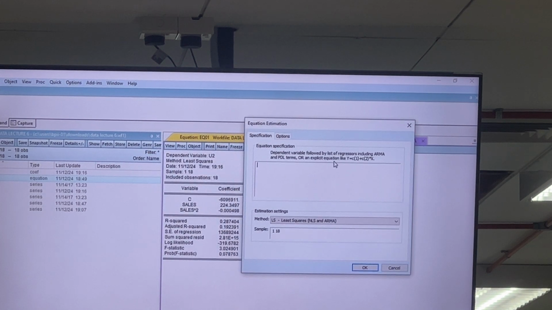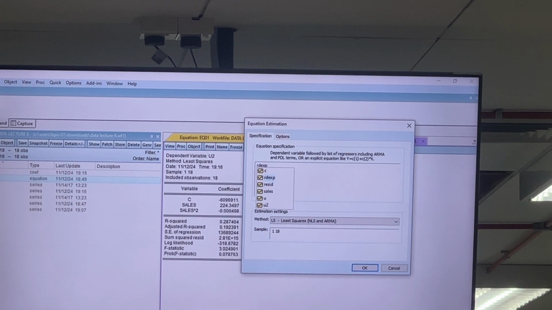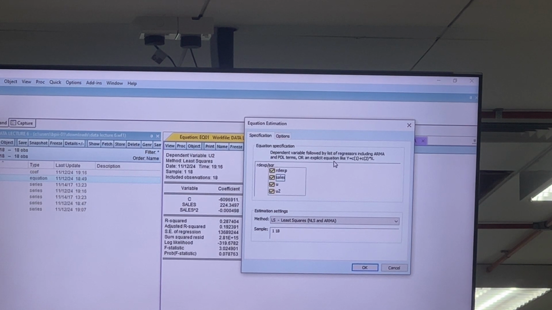So you estimate the transformed equation, that is the R&D expenditure divided by square root of the sales, SQR, and then the original C now becomes 1 over square root of sales, SQR.